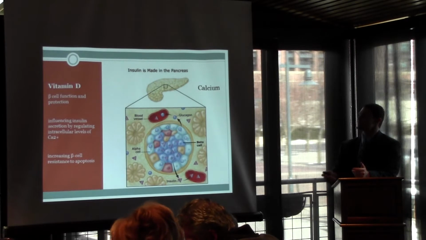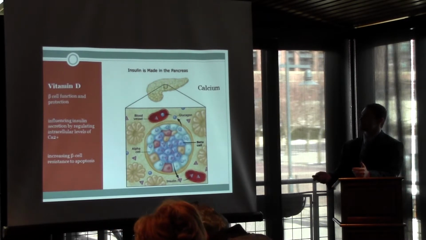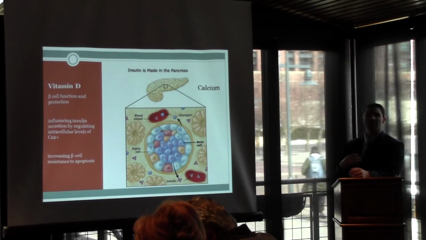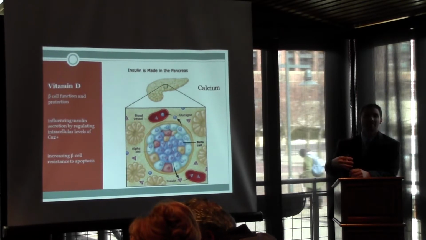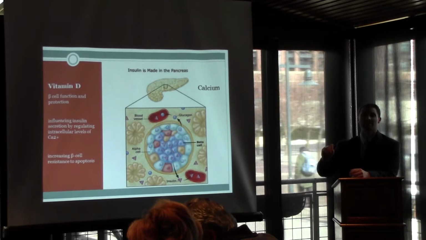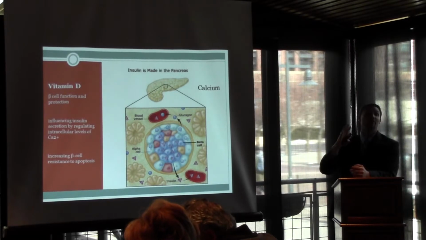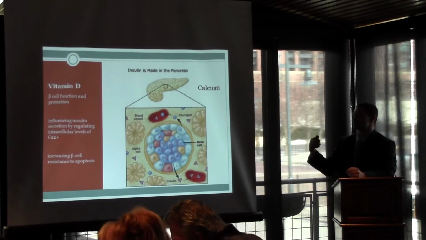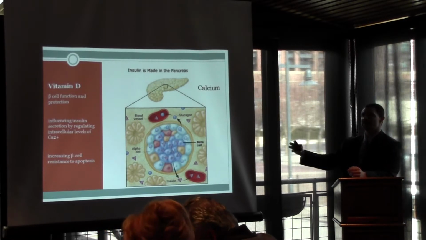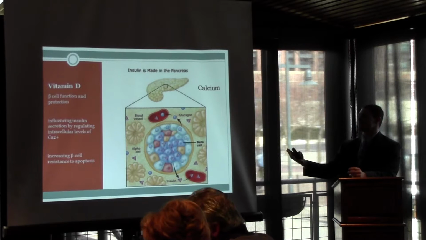But the other thing it's going to do is get it into these beta cells. And if you look at what calcium does, it's an initiator of intracellular processes in the body. It's kind of like the ignition switch that tells everything you can go now. So to get that calcium in the body so that the beta cells can begin to release that insulin, you've got to have vitamin D to make that whole process initiate in the first place.